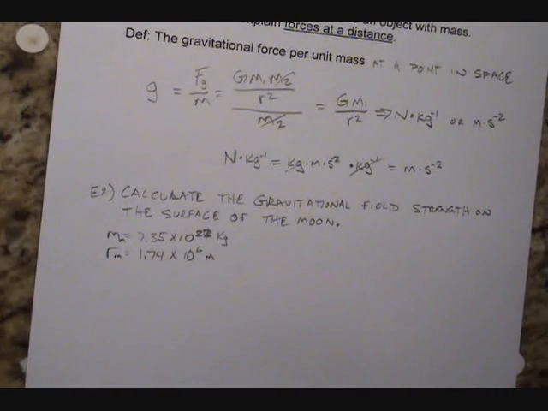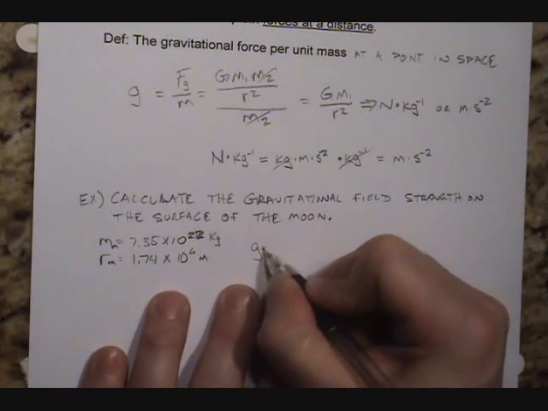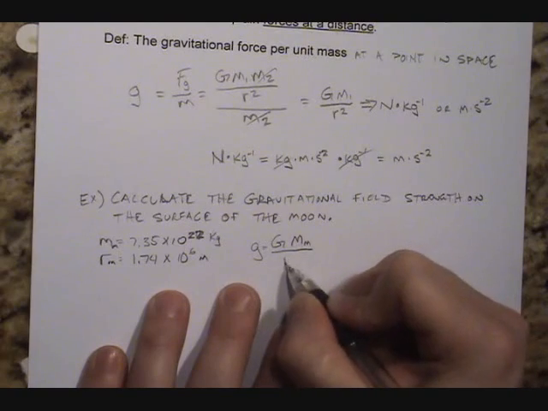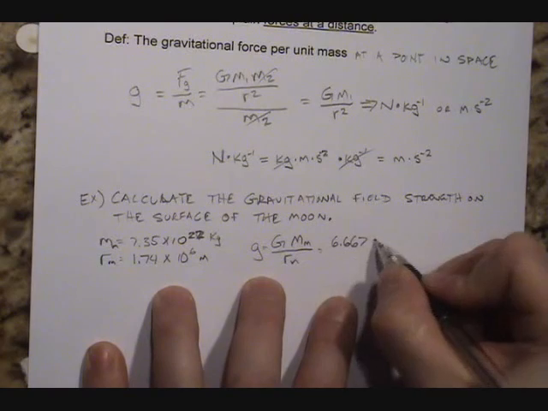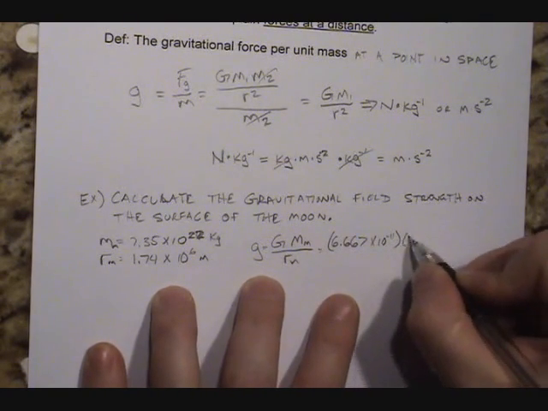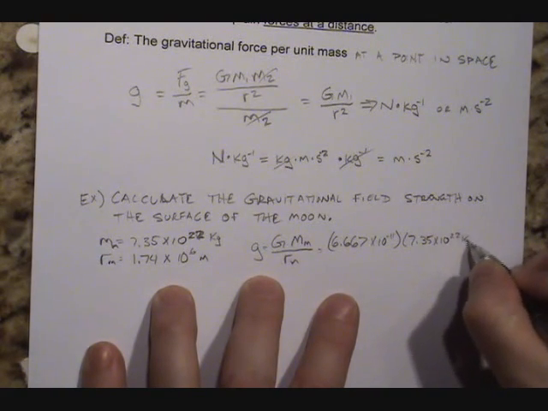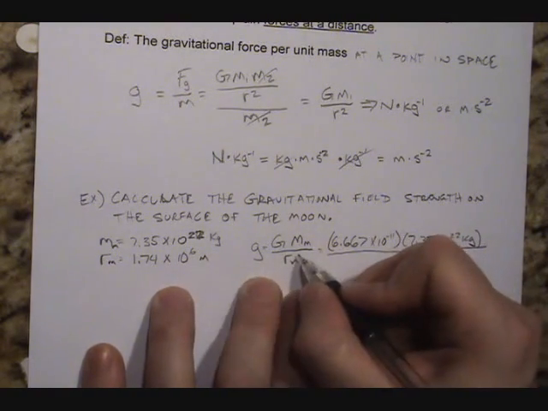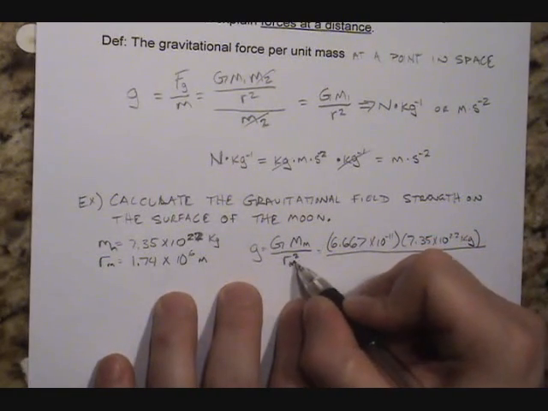Okay. So let's go ahead and calculate the gravitational field strength at the surface of the Moon. This would be little g equals big G times the mass of the Moon, divided by the radius of the Moon, and that's going to be 6.667 times 10 to the minus 11, times the mass of the Moon, 7.35 times 10 to the 22nd kilograms, divided by the radius, I'm sorry, that's the radius squared.